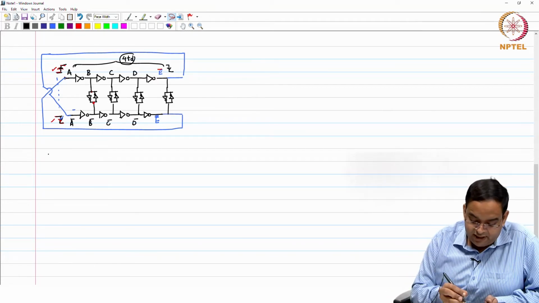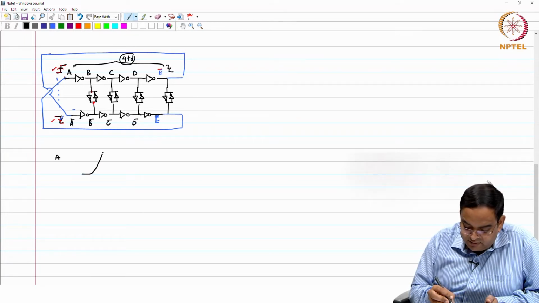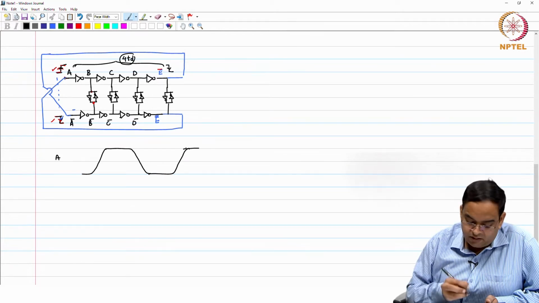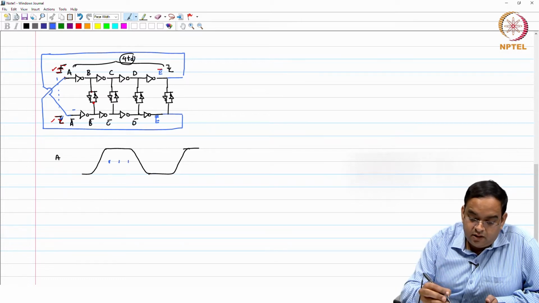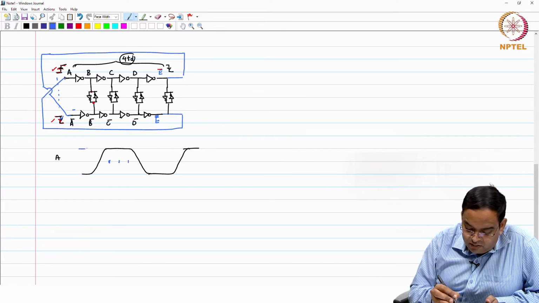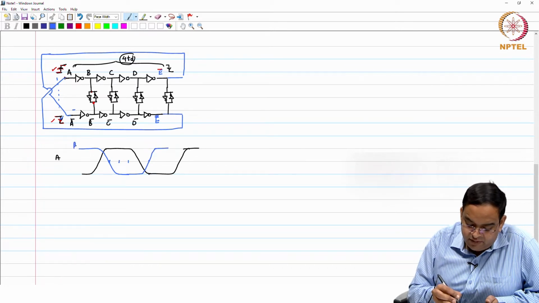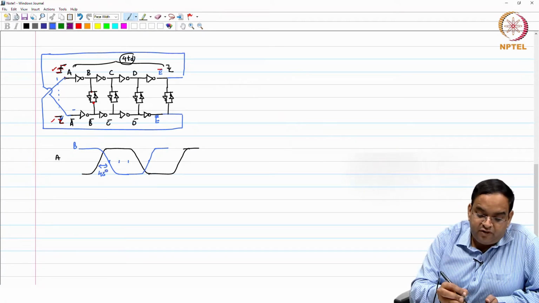If you think that your signal at A happens to be like this, then signal B is going to be like this. Okay, this is signal B. It is separated here by 45 degree. The 0 crossing is separated by 45 degree.